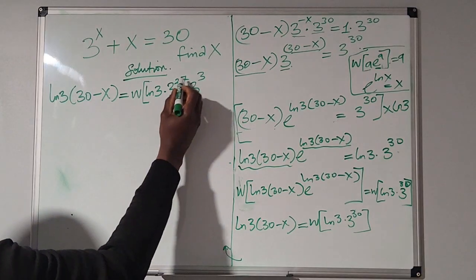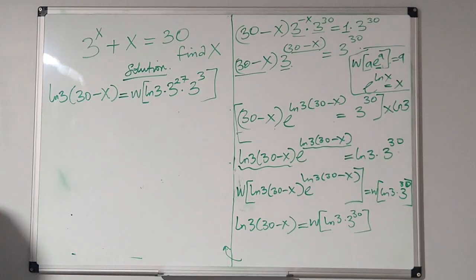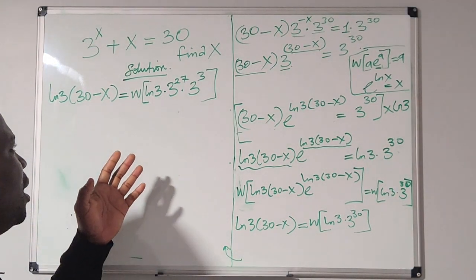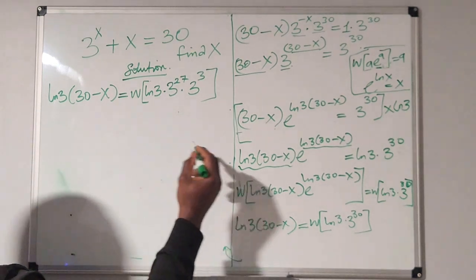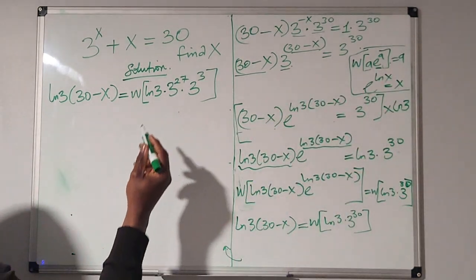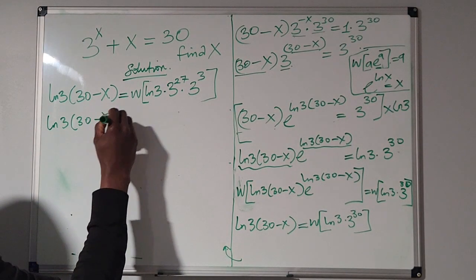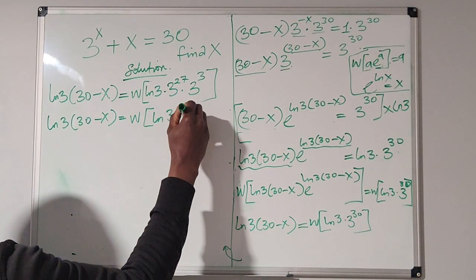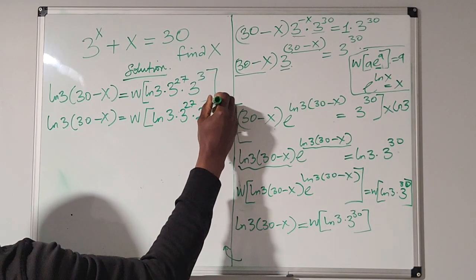Because same base, then we add the powers, so 27 plus 3 still gives us 30. Now, 3 raised to power 3 is 27. So we're doing these things, and we are mindful of how we do the manipulations because we're trying to achieve something, all right? So now we have ln 3 (30 minus x) equals W of ln 3 raised to power 27. 3 cubed is 27.